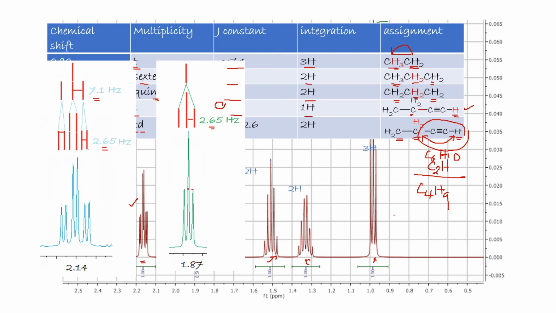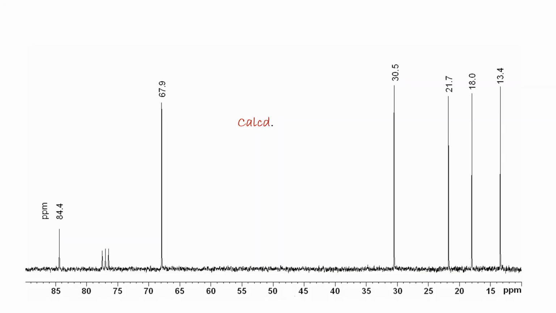We have CH3 CH2 CH2 CH2, that makes C4H9. There is no symmetry in the molecule. That's why we are seeing 1, 2, 3, 4, 5, 6 signals.